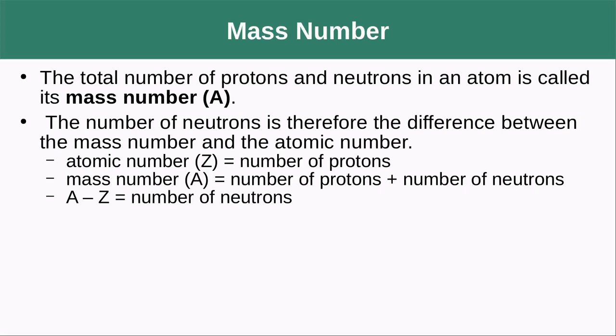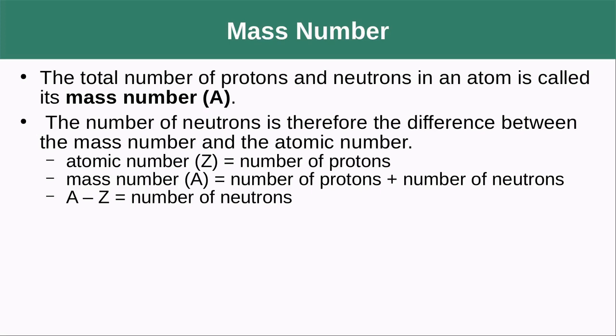Mass number. The total number of protons and neutrons in the atom is called its mass number. So we saw that protons and neutrons have the majority of the mass. When you add them together, really the mass of the electron is negligible. So we'll define the mass number as just the number of protons and neutrons. Also, because they are all roughly 1 AMU, the mass number is going to be really close to the actual atomic mass.